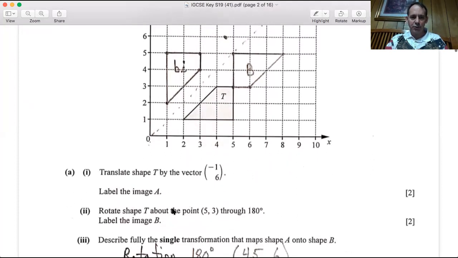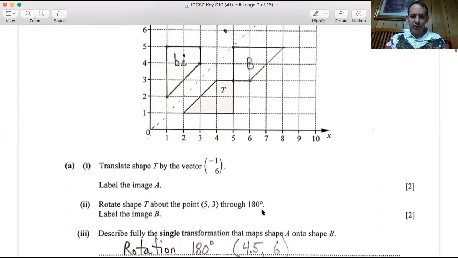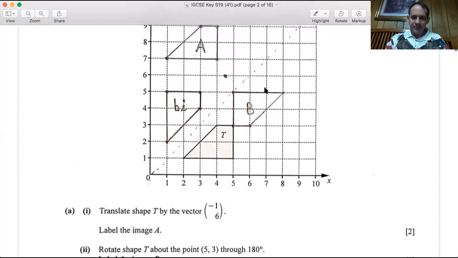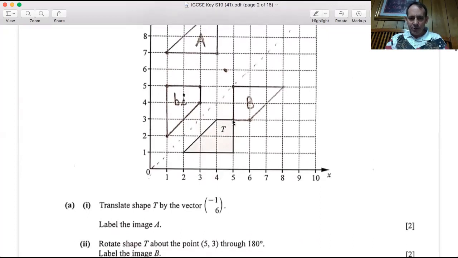Second one says rotate shape T about the point 5,3, which happens to be the corner here, through 180 degrees. So 180 degrees means basically the opposite direction here. And so we're rotating it around this point here, 5,3.